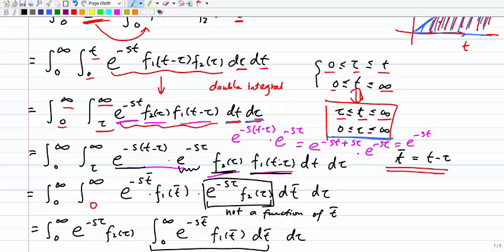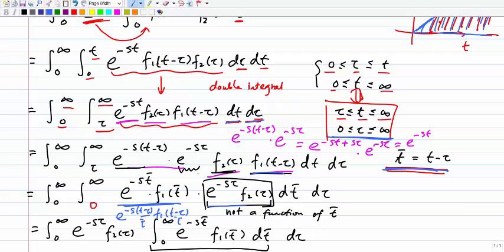Now we do a small change of variable. Originally this part is e minus s t minus tau times f1 t minus tau. Now we define a new variable called t bar. T bar is t minus tau, so this becomes t bar, and this is also t bar. So I have e minus s t bar times f1 t bar.